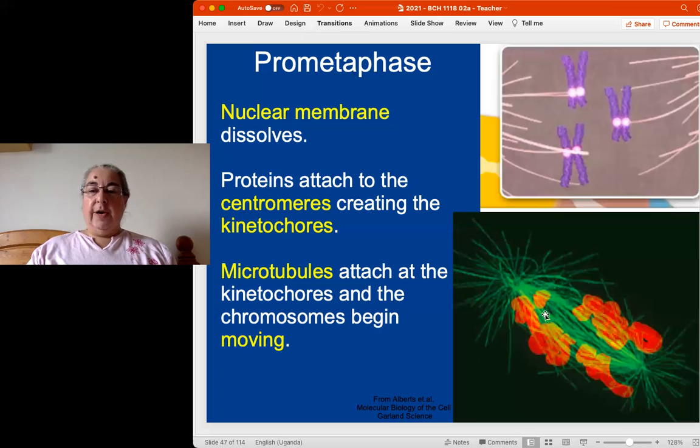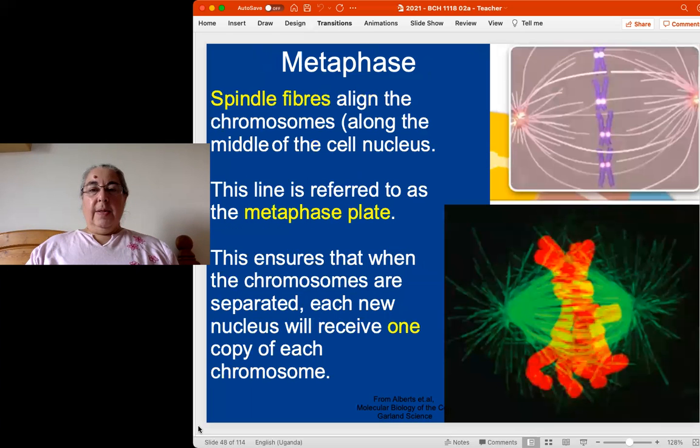If we look at our electron micrograph here, we can see that the chromosomes have started to become separated towards the two spindle poles. They're moving towards the two different ends of the cell. The next stage is metaphase.